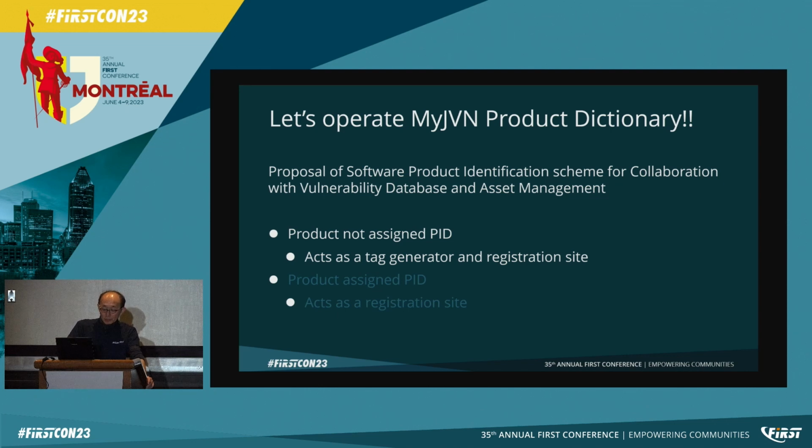Here's how the MyJVN Product Dictionary operates. A product not assigned a PID case: the MyJVN Product Dictionary acts as a tag generator and registration site. A product assigned a PID case: the MyJVN Product Dictionary serves as a registration site.